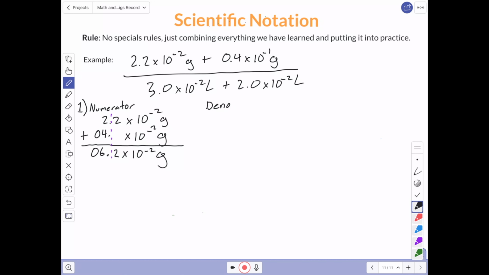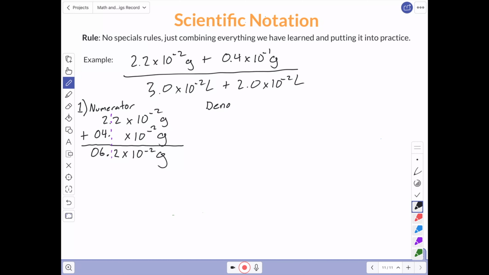We can go straight to lining these up as they are. We have 3.0 plus 2.0, both being times 10 to the negative 2. And these are liters. This makes 5.0 times 10 to the negative 2 liters.